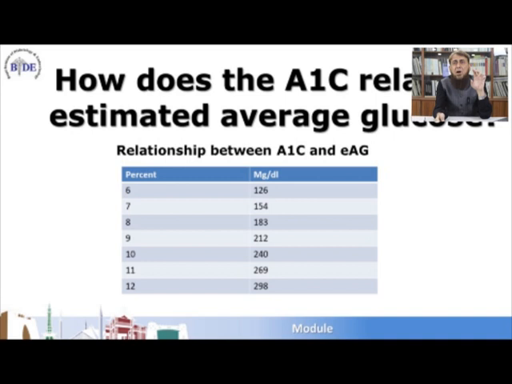Now, the final part of this presentation is the glycemic targets for the population. There are many guidelines that tell us about the targets of blood glucose level. In Pakistan, we have also published guidelines with the name of PROMPT.